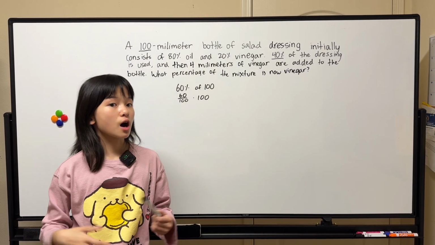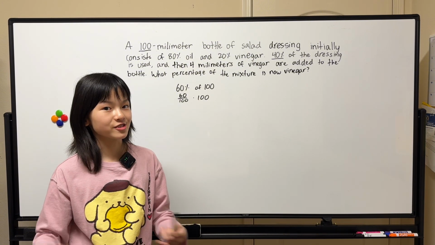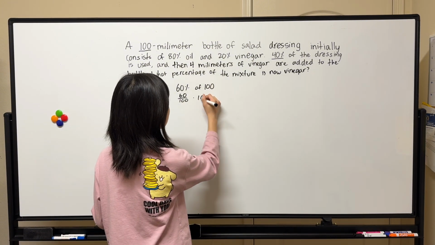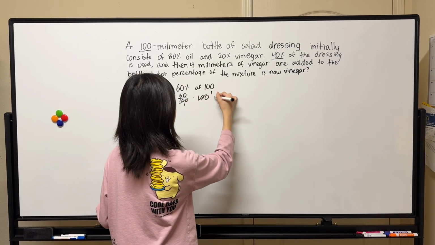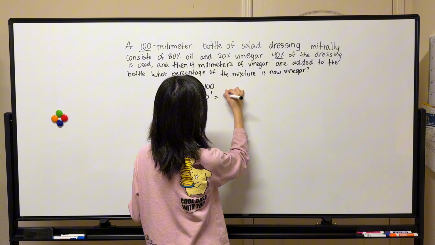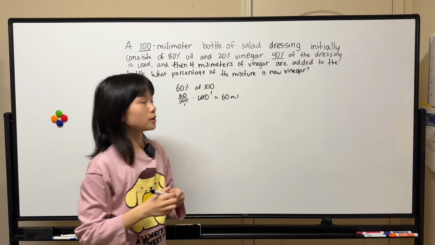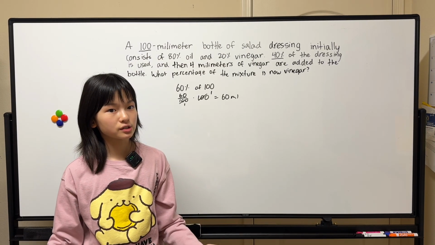Now we see that there's a common factor between 100 and 100, which is 100. So we can cancel out the hundreds in both of the numbers. 100 goes into 100 once, and same thing goes for the other one. And this equals 60 milliliters. So 60% of 100 is 60 milliliters.